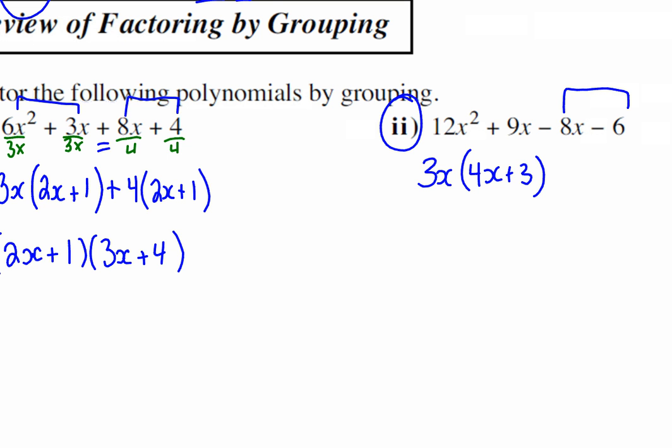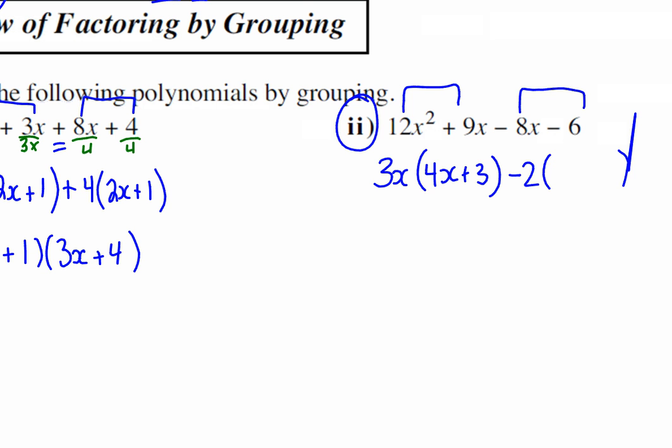Good, -2. If the first is negative, we factor out the negative because we want to be left over with the same thing. So what are we left over with? 4x plus 3. And last step, you should have factored out the 4x plus 3, left with 3x minus 2. Okay?